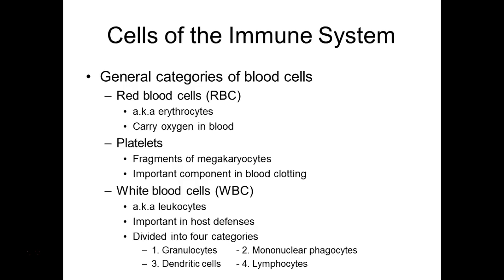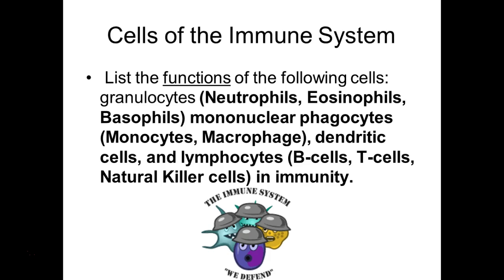Dendritic cells, as I said, sometimes get their own designation, but also sometimes are lumped in with mononuclear phagocytes. And then you have your lymphocytes. So, what do we need to focus on with these guys? We need to focus on what they do, what their functions are, right? But we still need to know how they're classified.